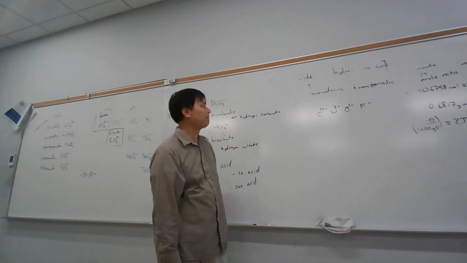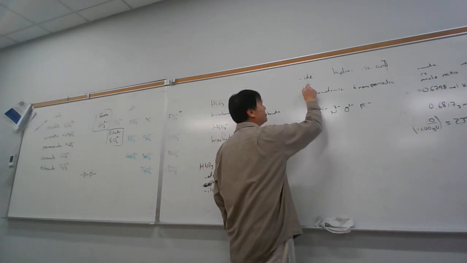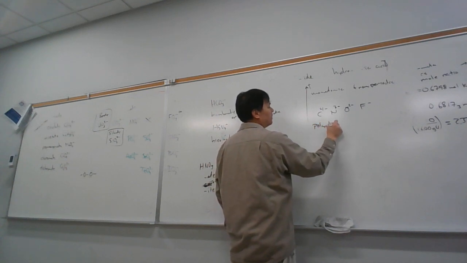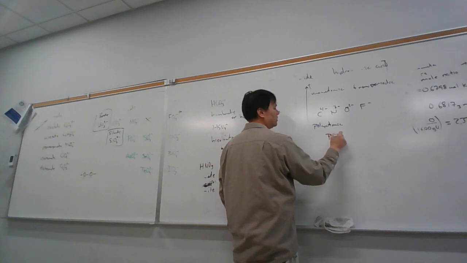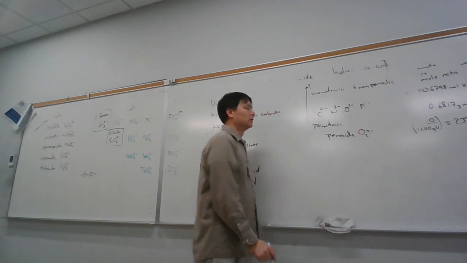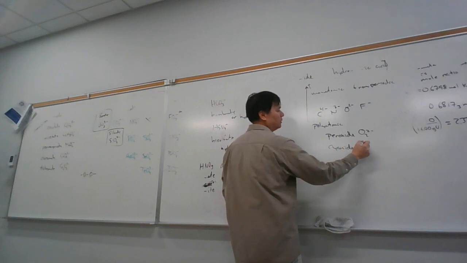Those are monatomic anions. There are some polyatomics that we have to memorize, unfortunately. What are the polyatomic ides that we have to memorize? Peroxide is one. What's the formula for peroxide? O2 2 minus. Cyanide, good. That formula is CN minus.